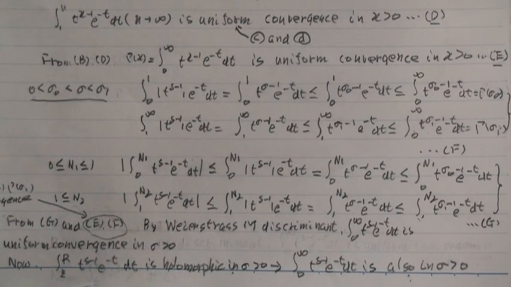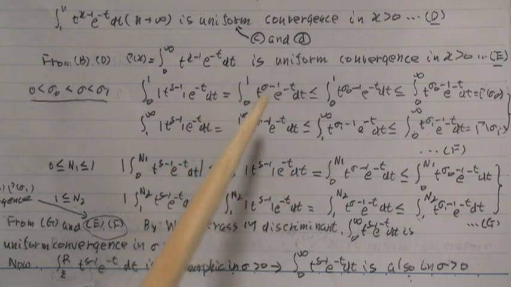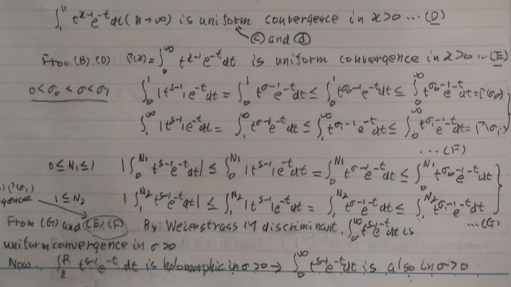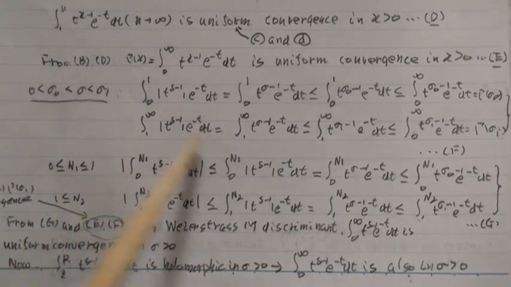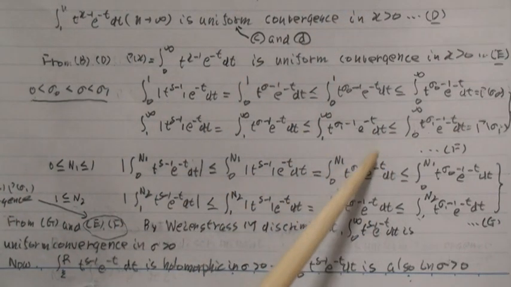For large n₁ and large n₂, the absolute value of the integral from 0 to n₁ of t^(s−1) e^(−t) dt is less than or equal to the bound on t^(s−1) e^(−t). Okay. And it equals t^(σ−1), where s = σ + iτ.